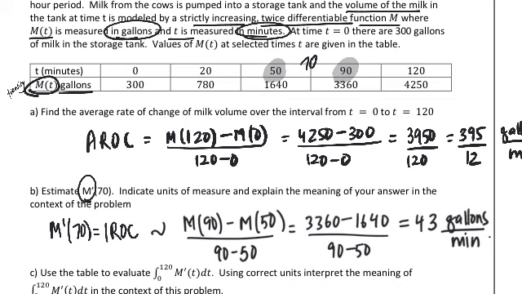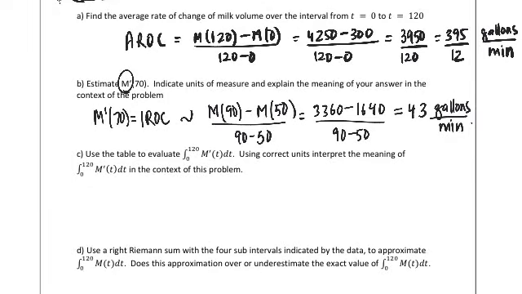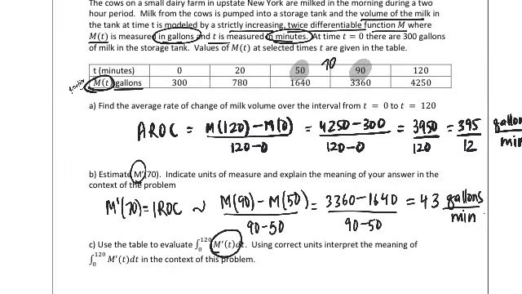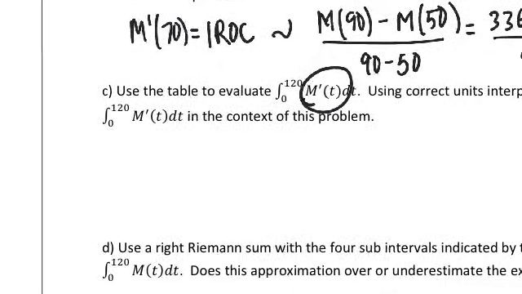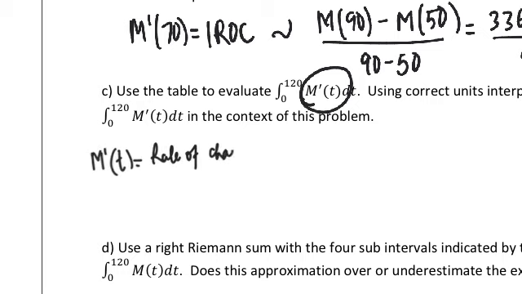Let's just take a look here at part C. Part C says, use the table to evaluate the integral from 0 to 120 of m prime of t. So now m prime has been introduced, and if m is the quantity, then m prime is the rate of change of the volume of milk.